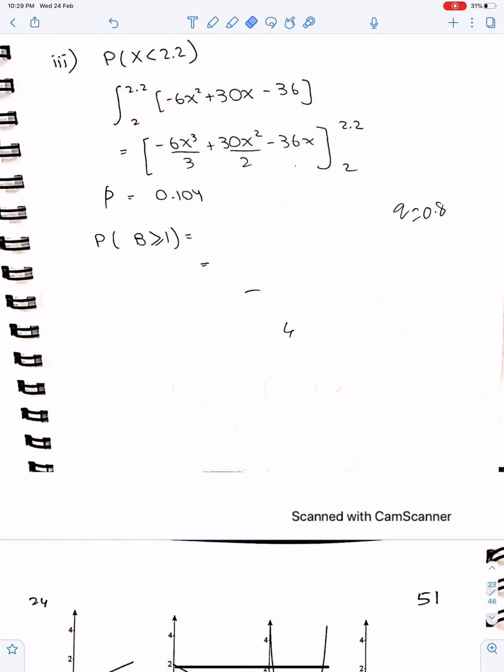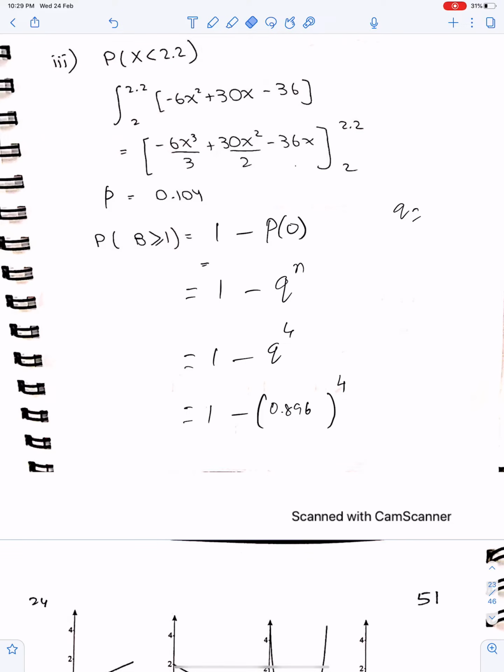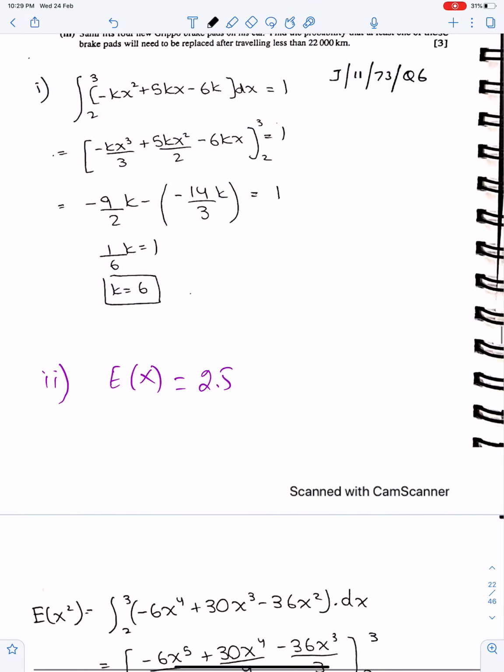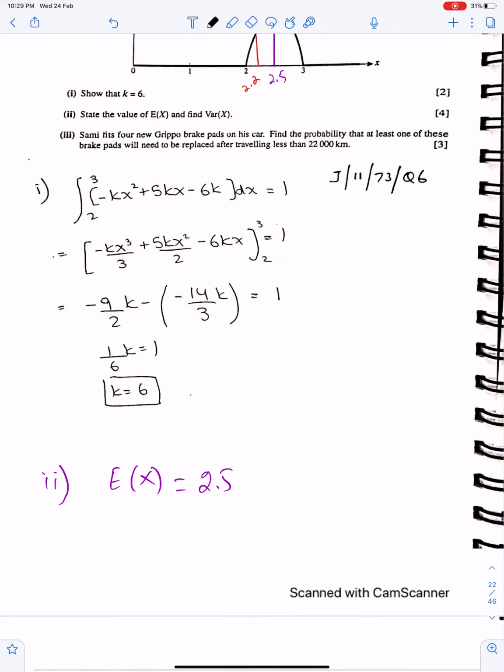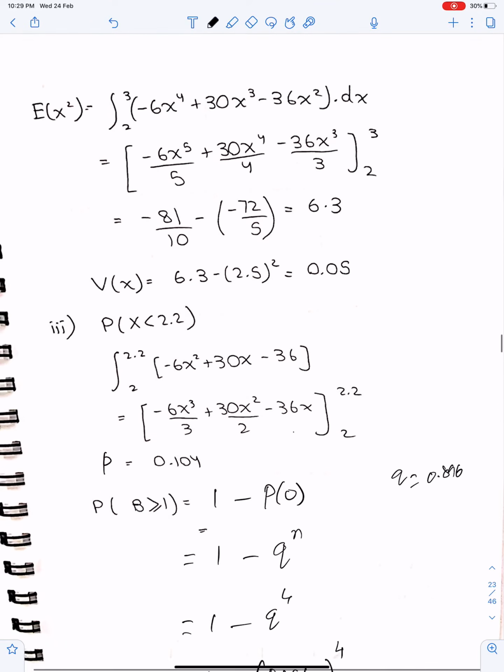So you can use this method which I did, and you can check the answer yourself. 0.896. So this is a binomial situation. At least one means 1 minus P0, and this is the probability. P, this is the requirement, is 0.104.